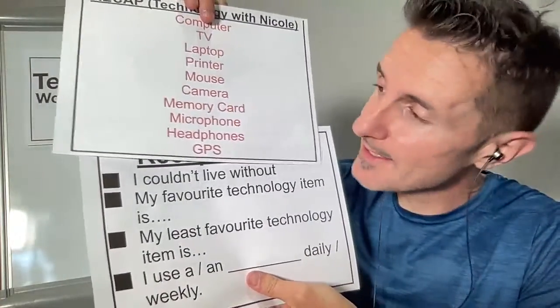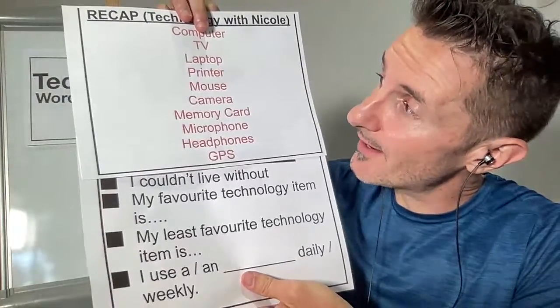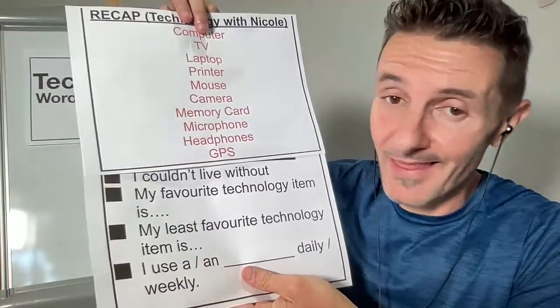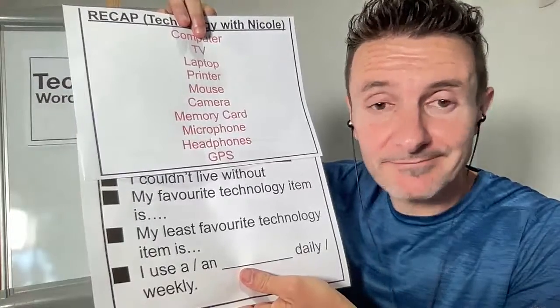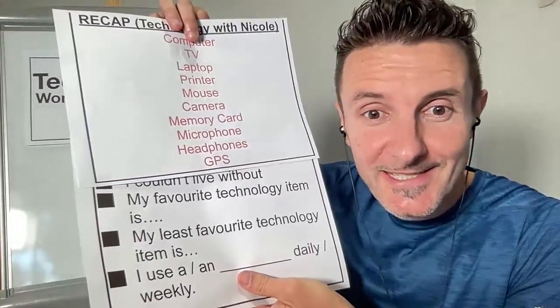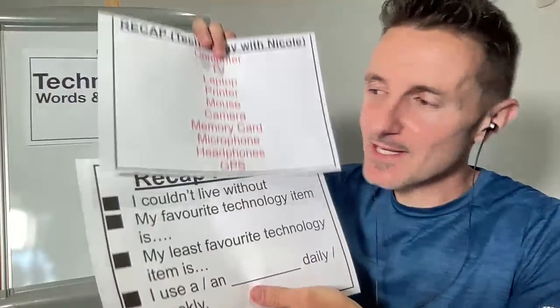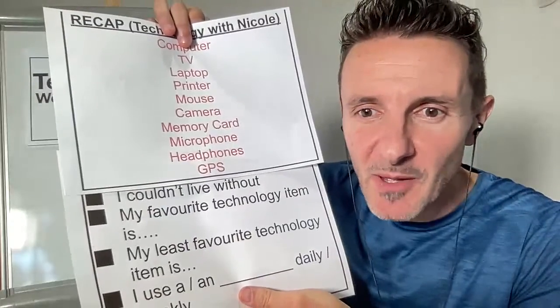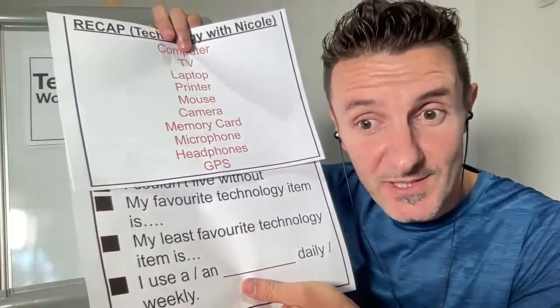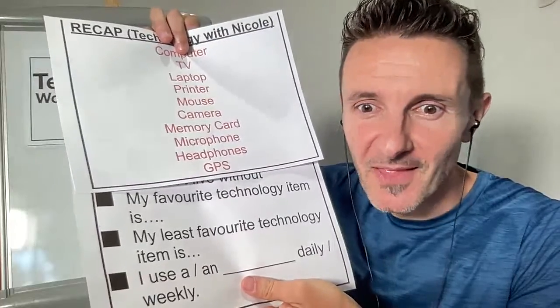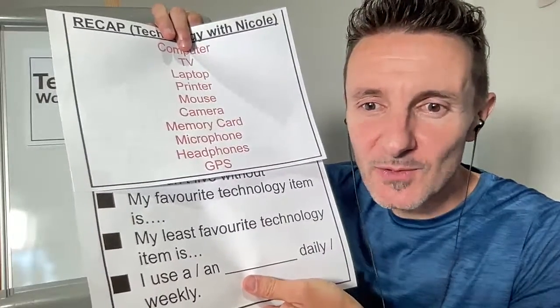So me personally, I couldn't live without my laptop. I need it. Because if I didn't have my laptop, I couldn't do this with you guys today, a live stream. So let's see which sentences you guys come up with. Lovely England says, I couldn't live without my smart telephone. Nice. Luan says, I couldn't live without a computer.